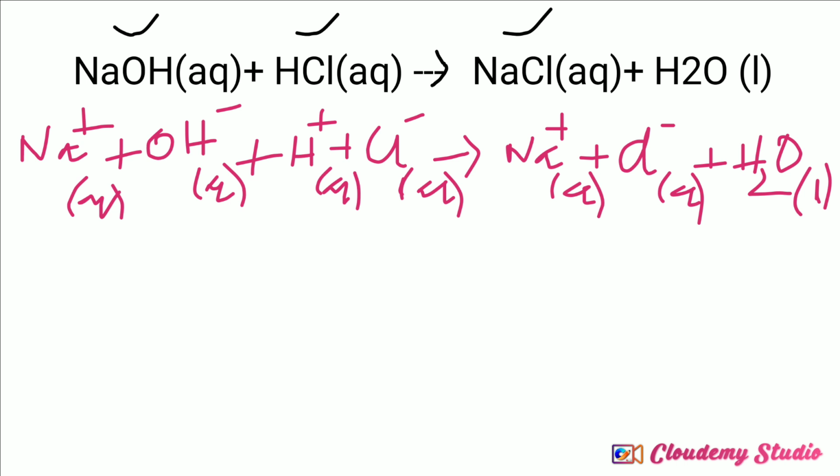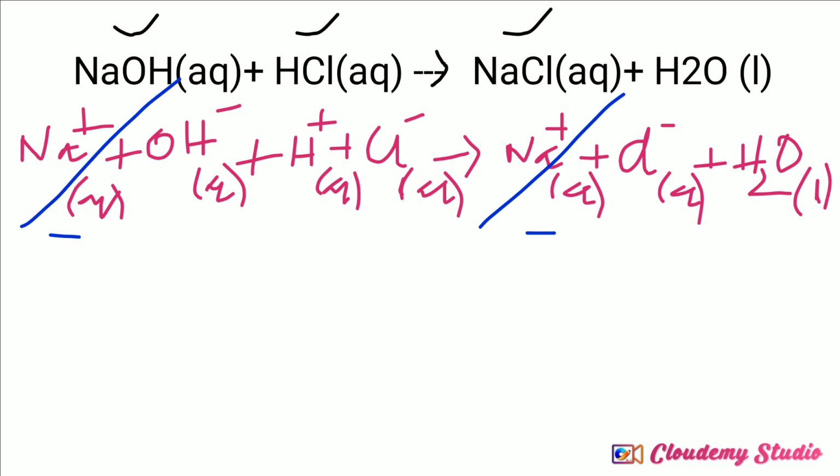So what are the spectator ions here? Na plus aqueous is present here, and this Na plus aqueous is present on the product side also. Left hand side Na plus aqueous, right hand side Na plus aqueous. Therefore, this is a spectator ion, so we can cancel it.